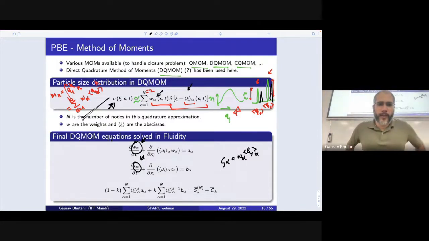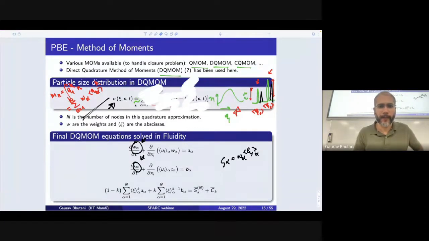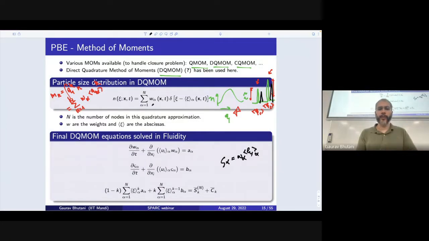Right. Okay, so let's clean this a bit. What we do is, now that we have given an approximation for the number density function, we substitute this into the population balance equation.